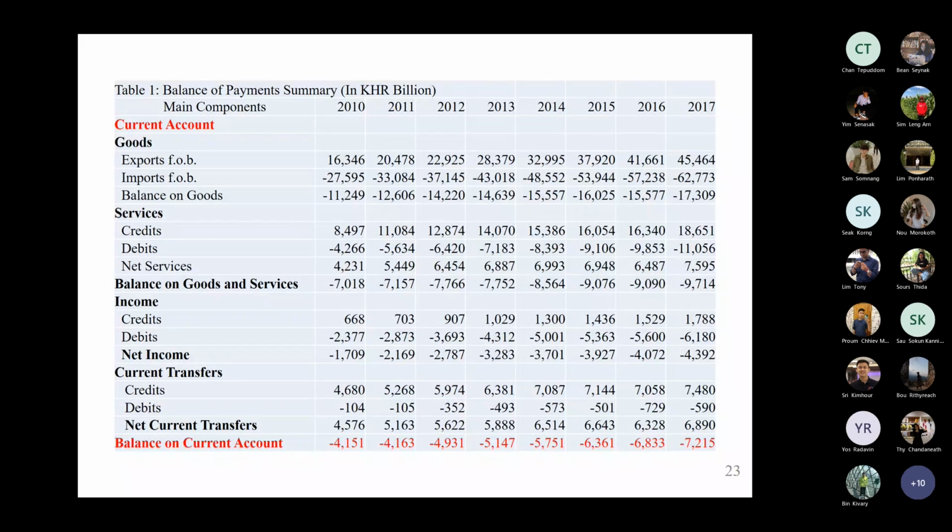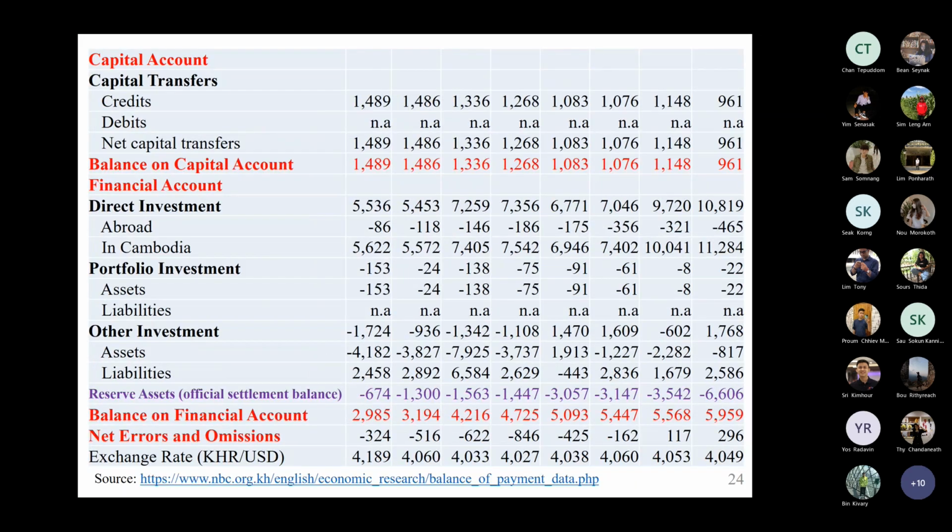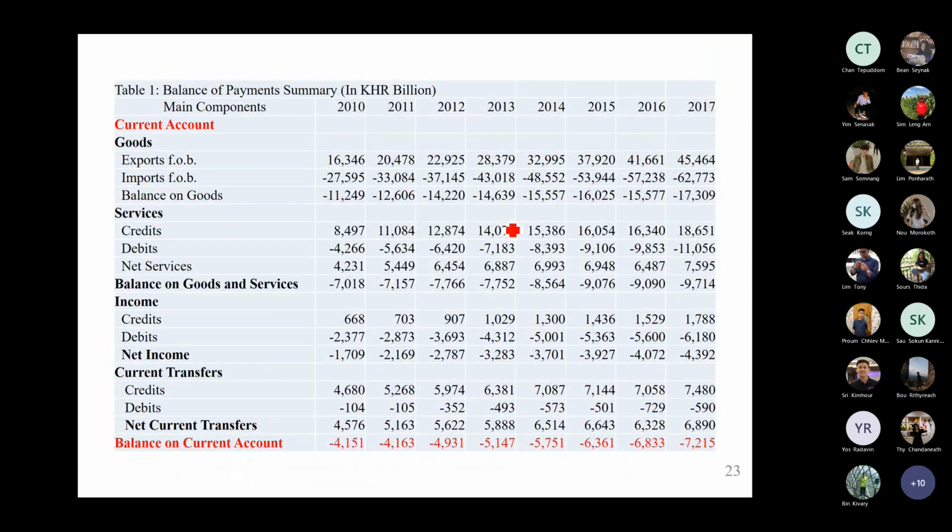So let's see together. What I have here is from the year 2010, each year, up to the year 2017. So each year I have one balance, one piece of information.